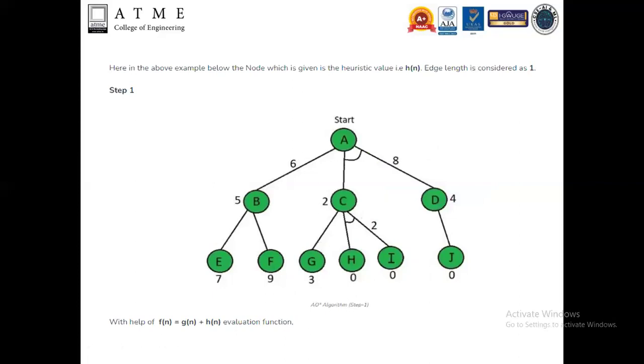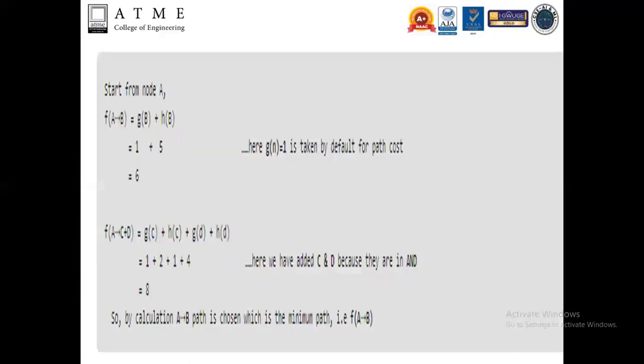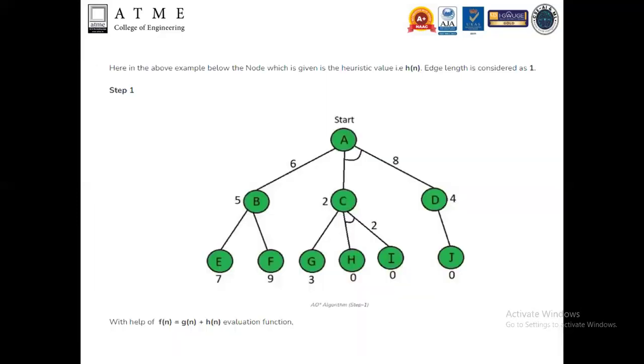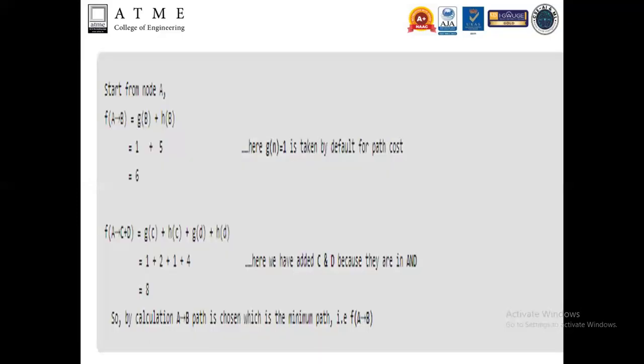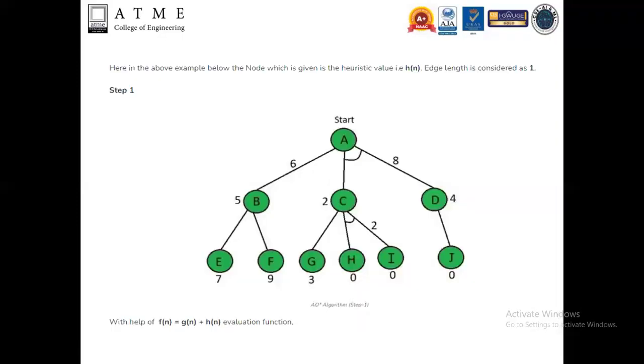Here in the example below, the node is given the heuristic value of h of n, and edge length is considered as 1. Starting from node A, we are going to calculate the cost associated with the function. From A to B, the cost associated with g of B and h of B is calculated from this graph. As you can see, the cost associated from A to B is 6. That is what is mentioned here.